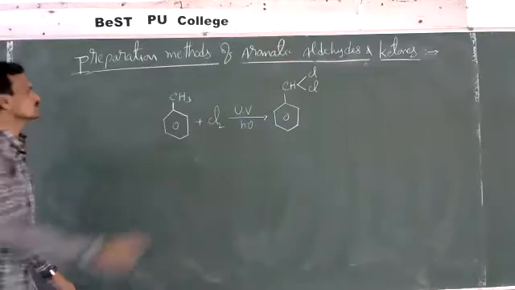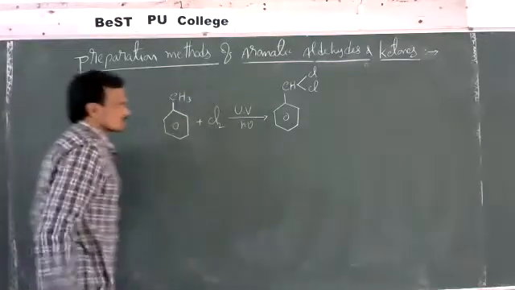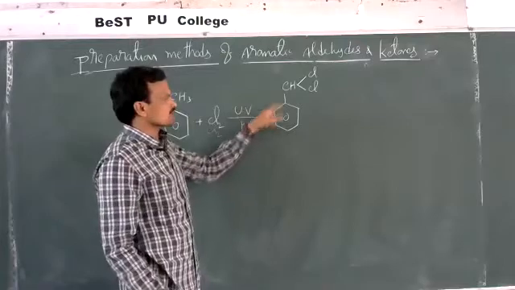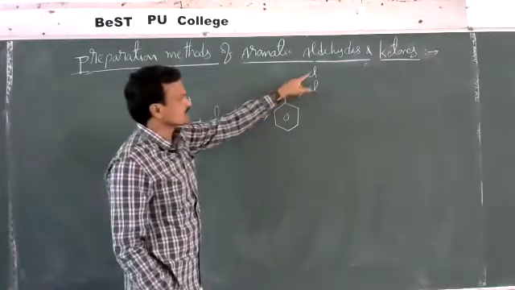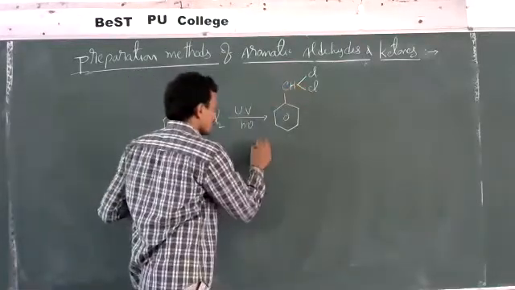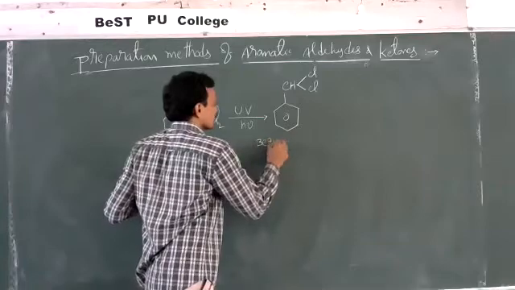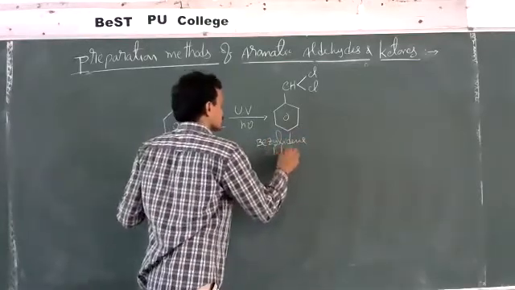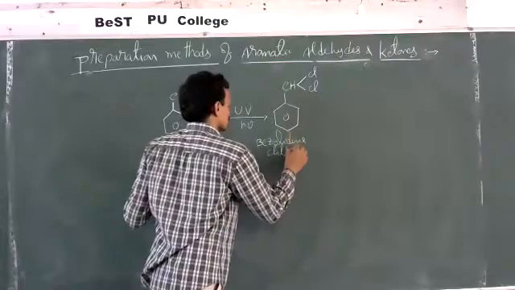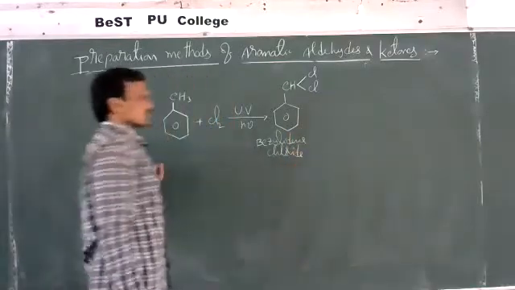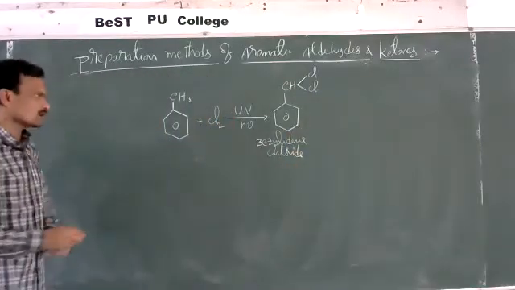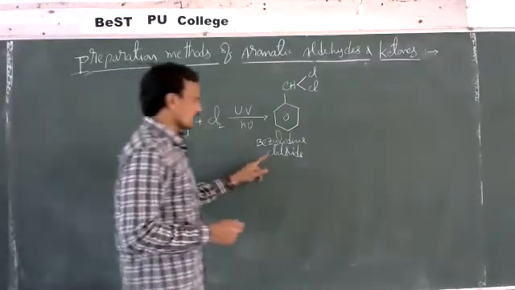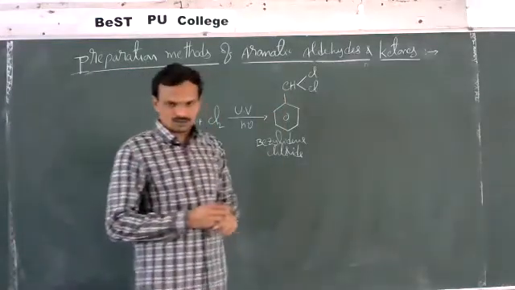Okay, this is benzylidene chloride, C6H5CHCl2. Benzylidene chloride or dichloride, or benzal dichloride, you can write.